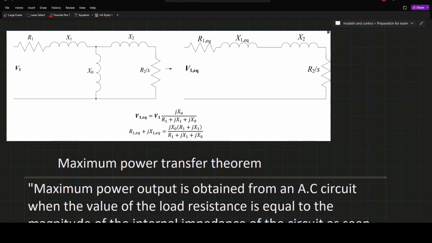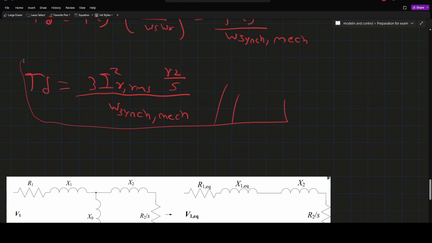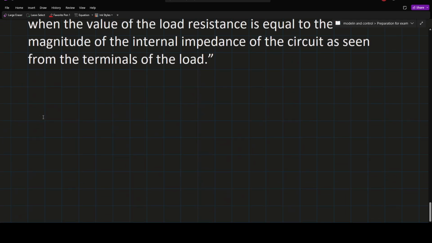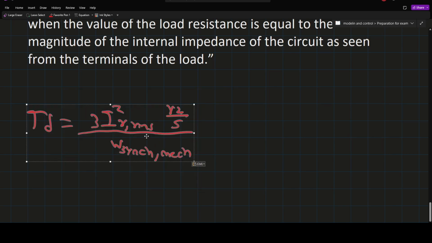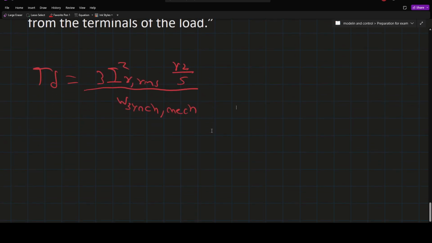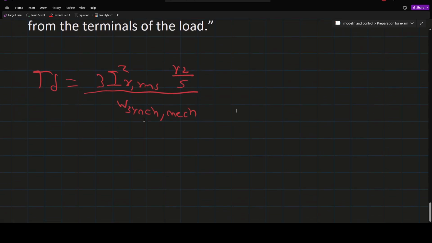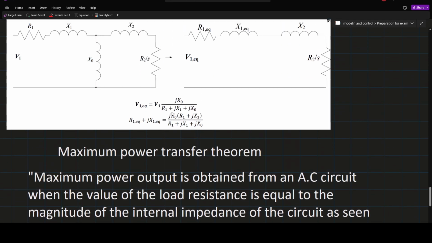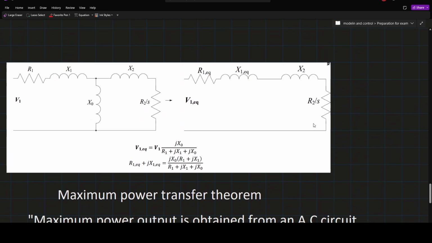We know our equation for torque that we found in the last video. That is this. Okay, so to get this torque, we need to find IR in our new circuit.